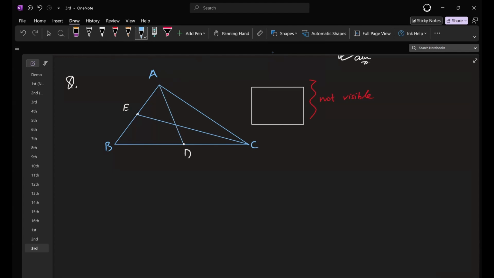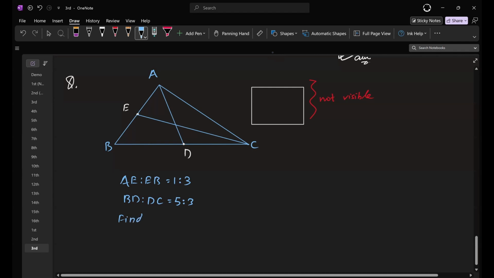Now we have been given that AE is to EB is equal to 1 is to 3, and BD is to DC is equal to 5 is to 3. Now you have to find, let's say the intersection is point G, EG is to GC.